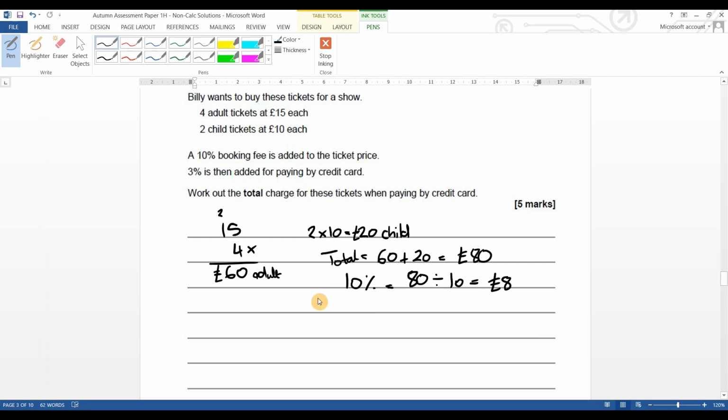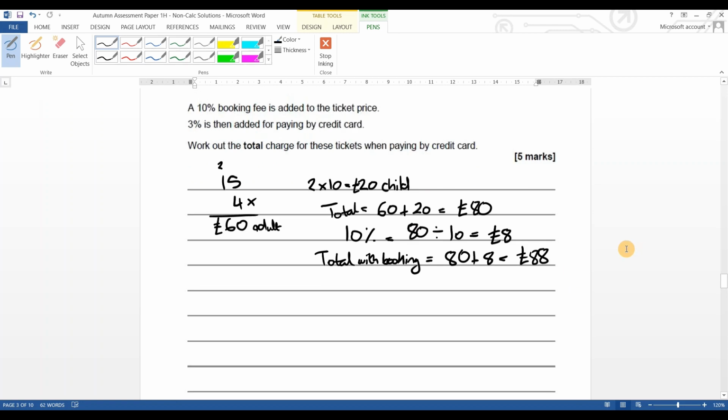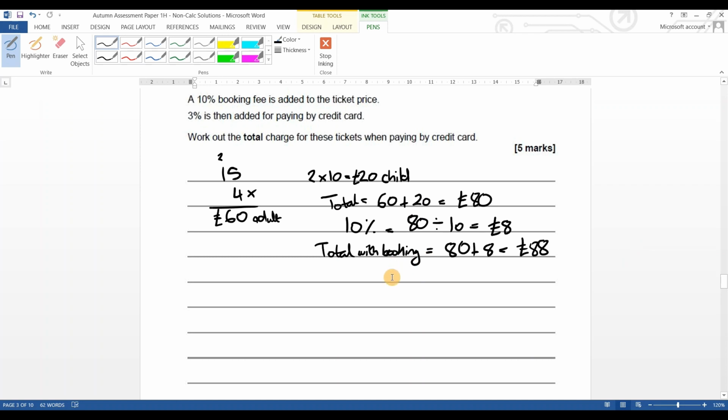So now it's going to be the total with booking fee, which is £88. Okay, and now the 3% is added on, right? So 3% of this, and we'll do that without a calculator.